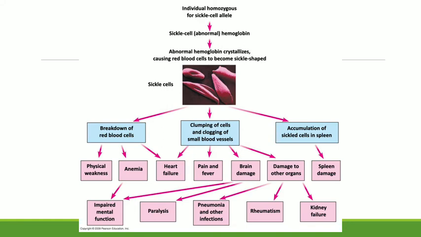And what ends up happening is that people who have a sickle cell allele, I just have to get a little bit more into it in order to explain this to you.